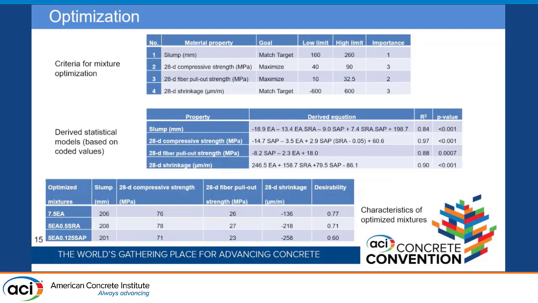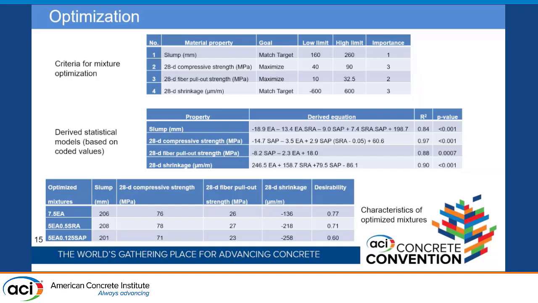Optimization was based on slump, mechanical properties, and shrinkage, targeting the highest mechanical properties and mediocre shrinkage and slump values, because we didn't want too high expansion or excessive shrinkage. Both cause cracking.